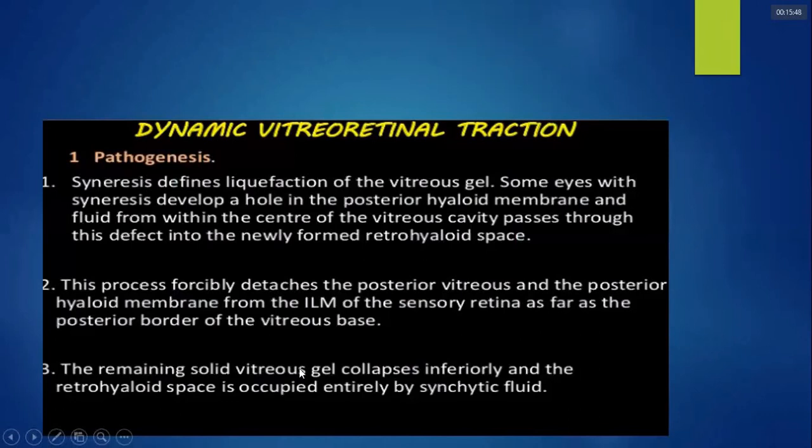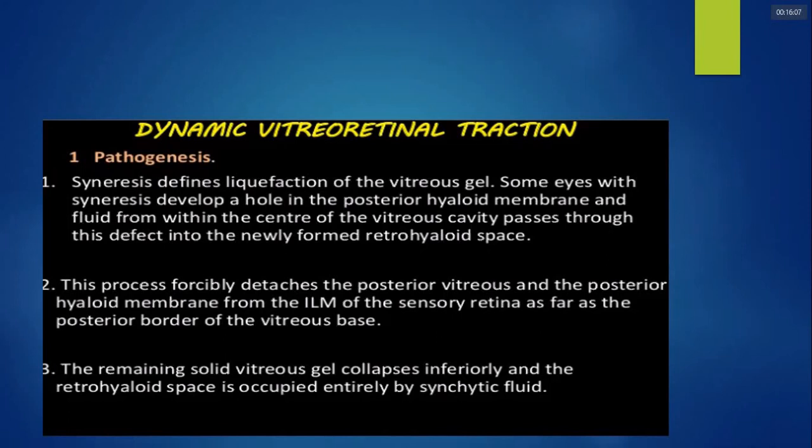Now the remaining solid vitreous also collapses, forming a big hole inferiorly, and the retrohyaloid space is occupied entirely by the syneretic fluid. Now the whole of the vitreous gel becomes a liquefied vitreous.